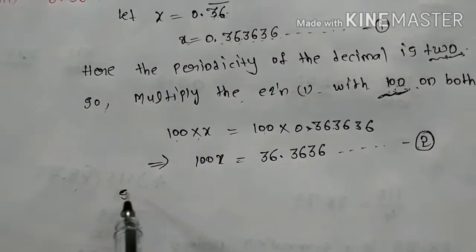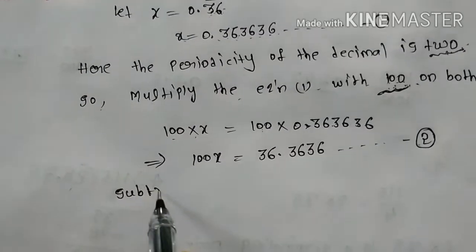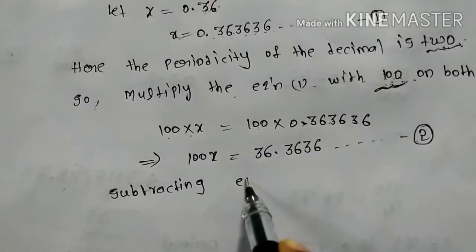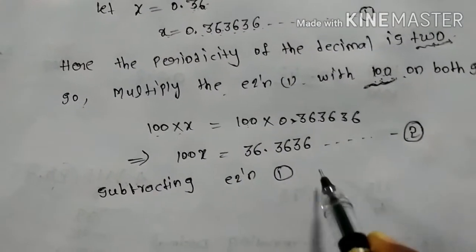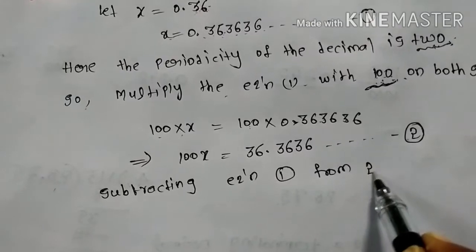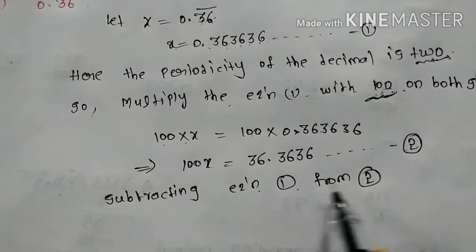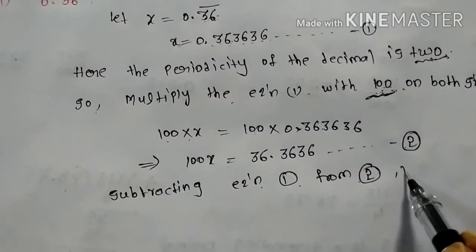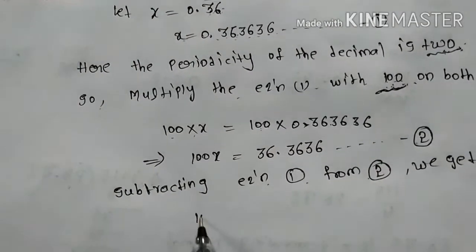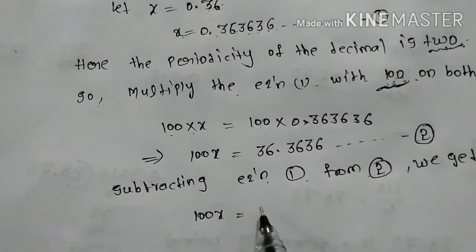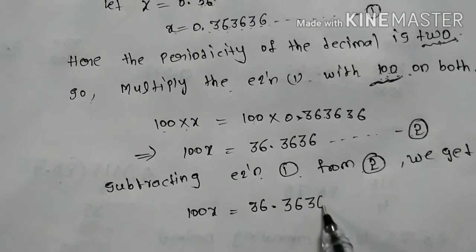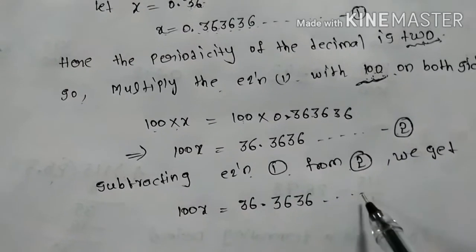Now you can write here, subtracting equation 1 from 2. You have to subtract equation 1 from 2 so that we get, see here, 100x is equal to 36.3636 and so on. This is the second equation.